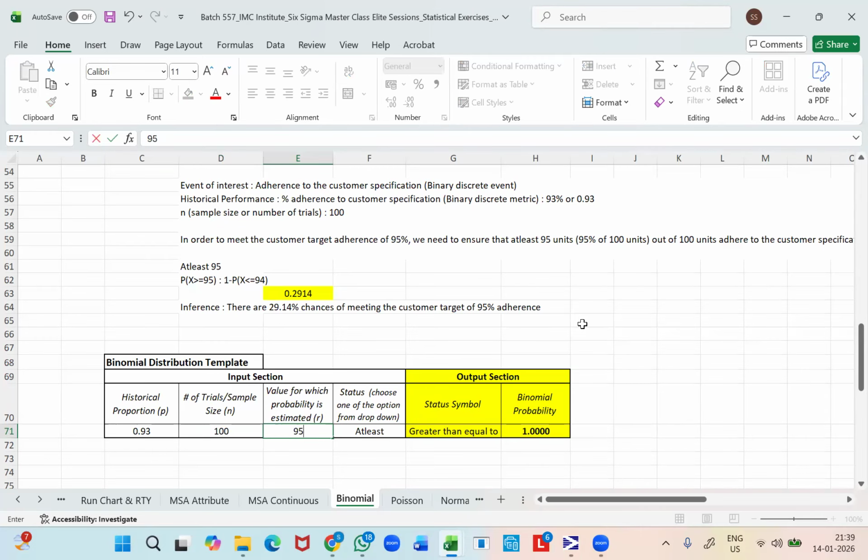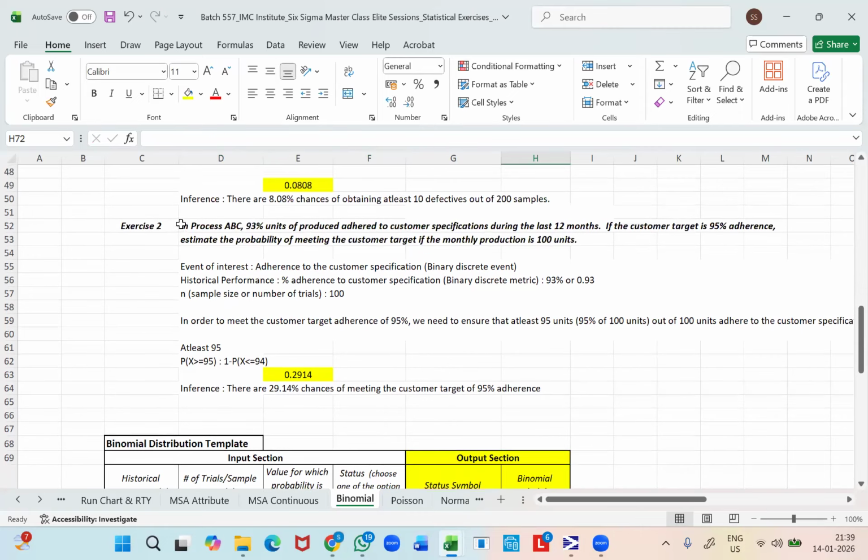Provide the value 95 here and the at least status can be retained. You'll get the final answer 0.2914. So no need to worry about converting greater than or equal to into less than or equal to if you're using the template.